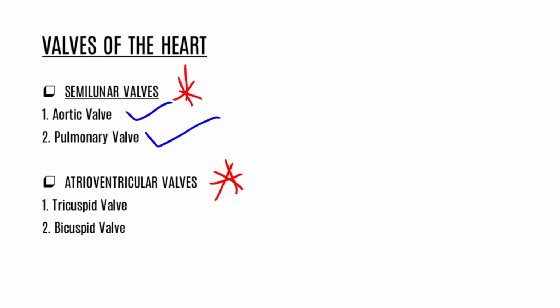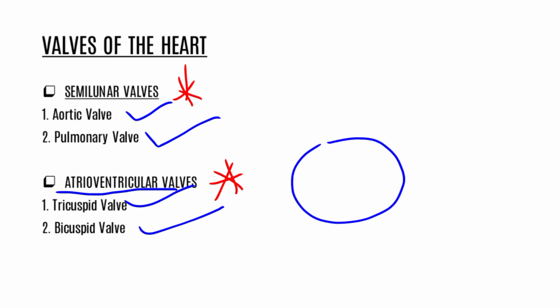And you also have what we call the atrioventricular valve. Just as the name says, atrioventricular, it's usually found between the atrium and the ventricle. You have the tricuspid valve and the bicuspid valve. It's called the tricuspid valve because it has three cusps, 1, 2, and 3. So they open to allow blood through.